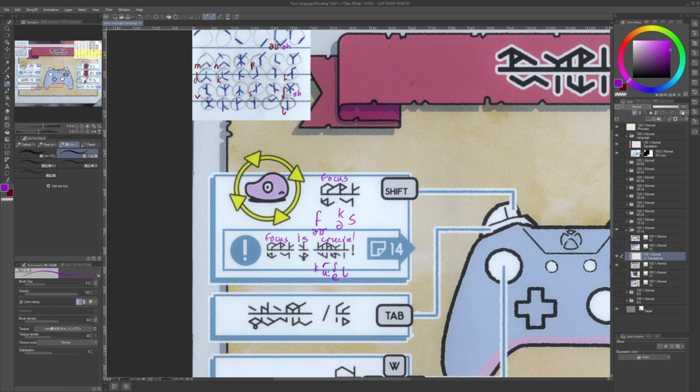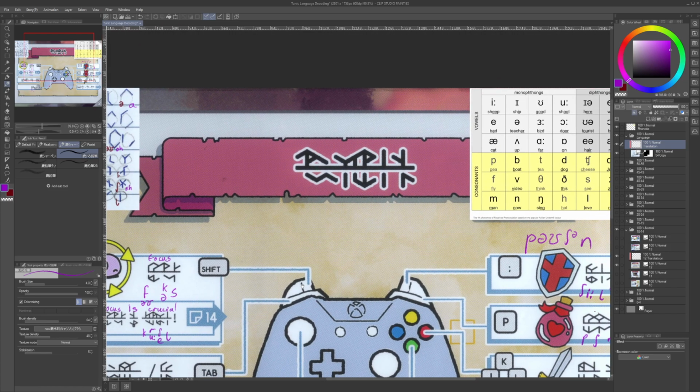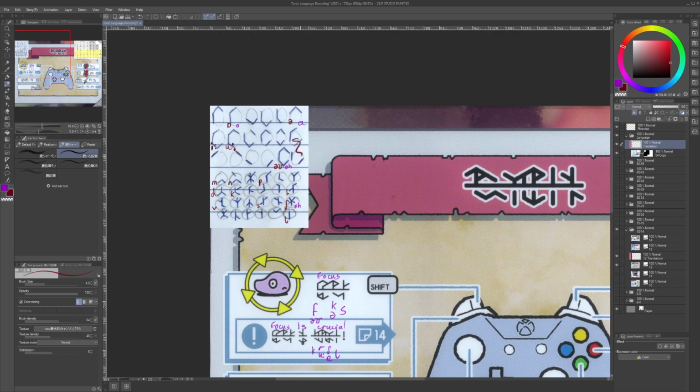So what is? It's like Z sound. So short I, ship. It's that one. Capital I is that one. Makes sense. These are very common sounds, so they would probably have simple symbols.